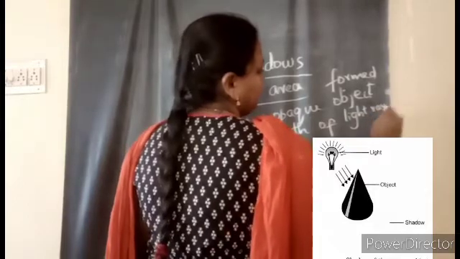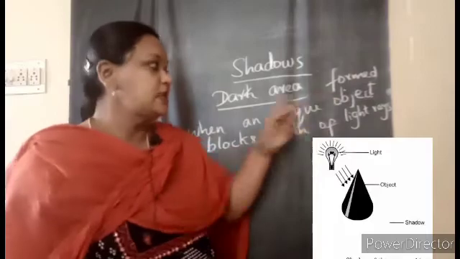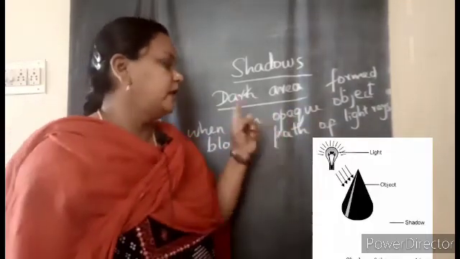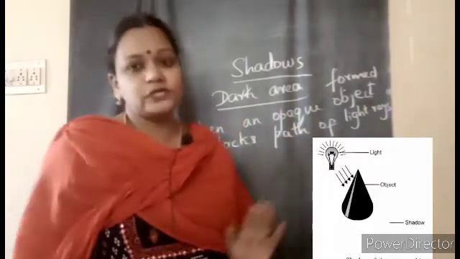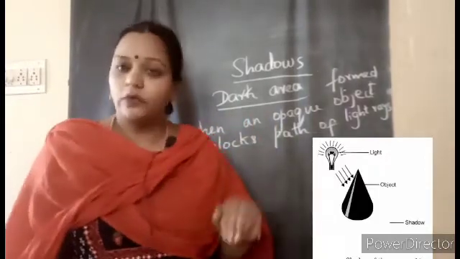That is how the shadows are formed. Shadows, what are they? Dark patches. How are they formed? When an opaque object blocks light. All objects will not form shadows. Only the opaque objects will form shadows.